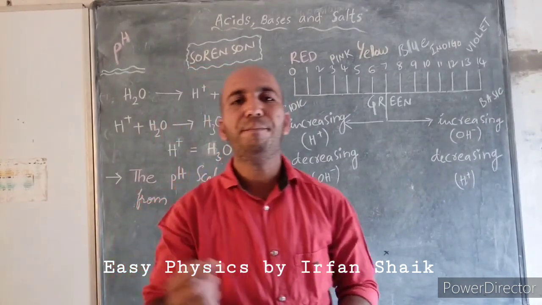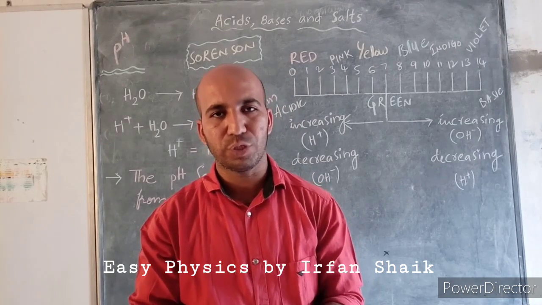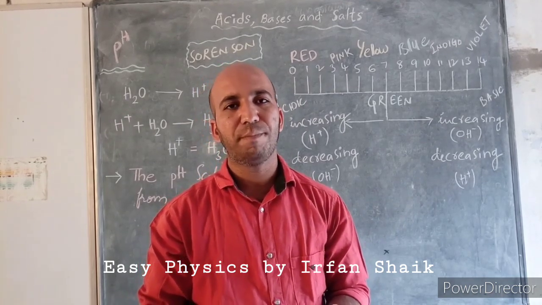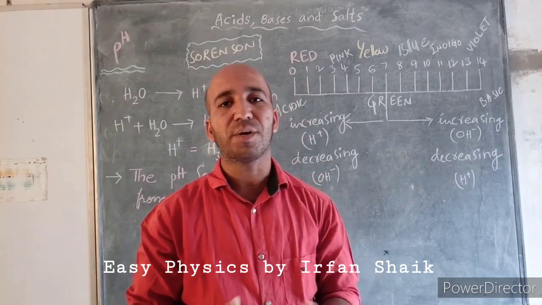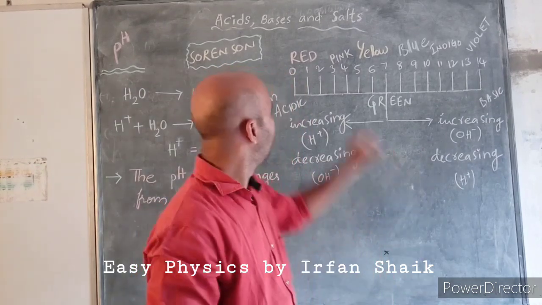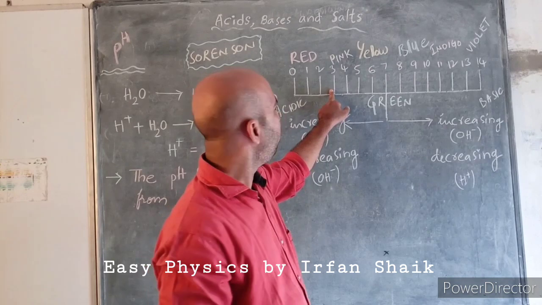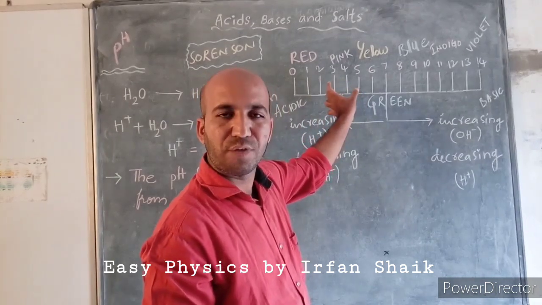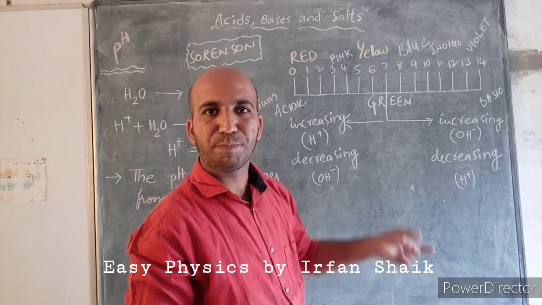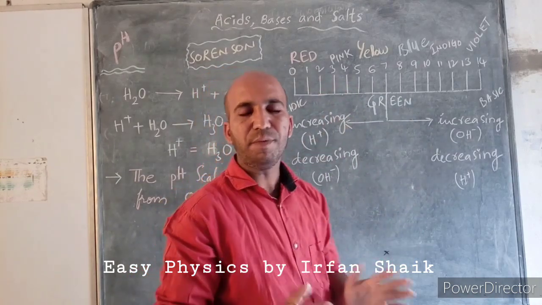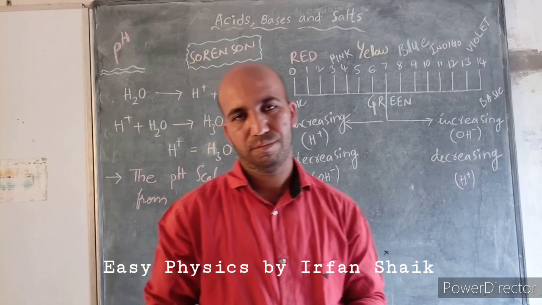Suppose we dip a pH paper into a solution and the color changes to pink. Then what will be the pH range of that solution? It may be between 3 and 5. That means it is a weak acid.